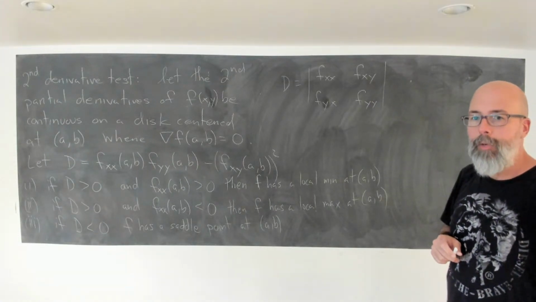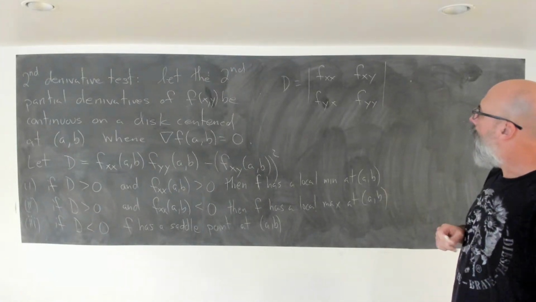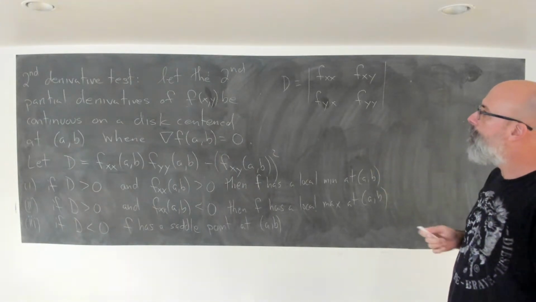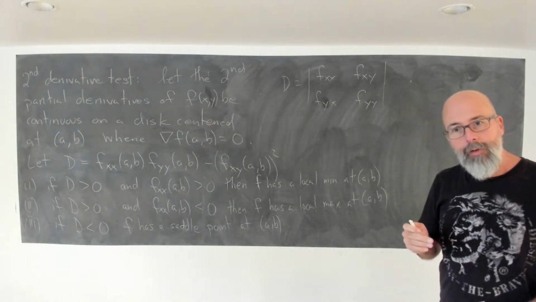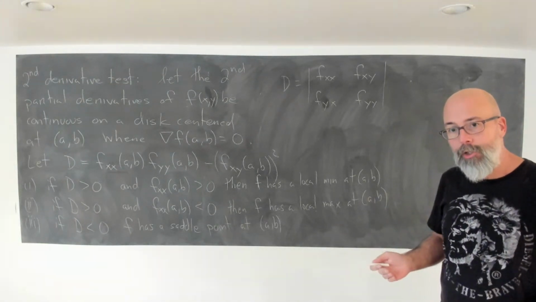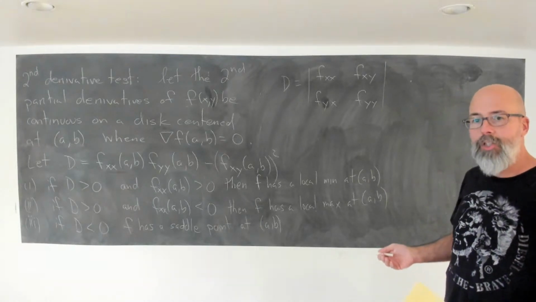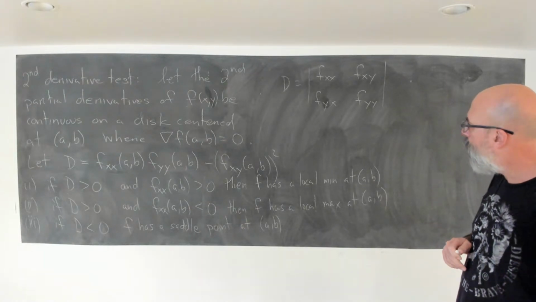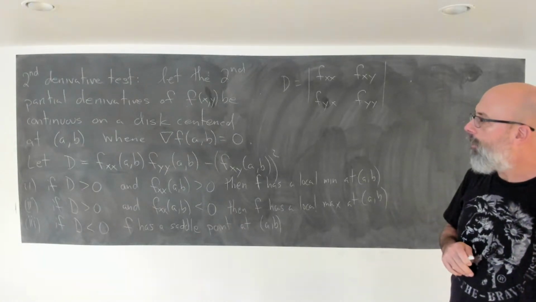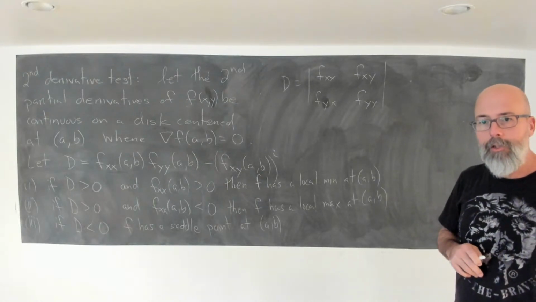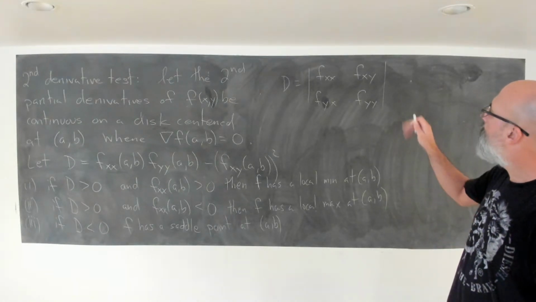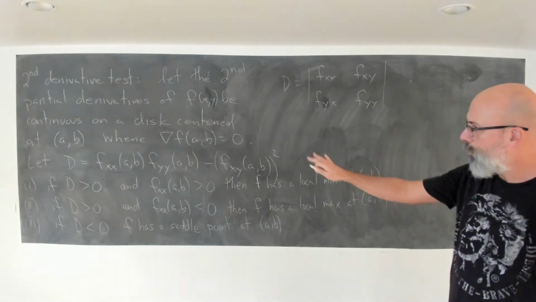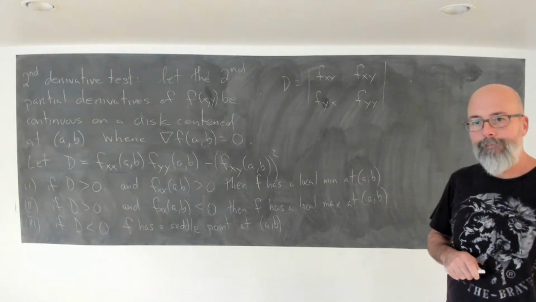Exactly, the Hessian matrix. And this is how the second derivative test extends to higher dimensions. I'm not going to discuss it in higher dimensions. Perhaps that would be a good topic for Professor Humphreys to discuss in the workshops. But as far as we're concerned, this is going to be good enough.